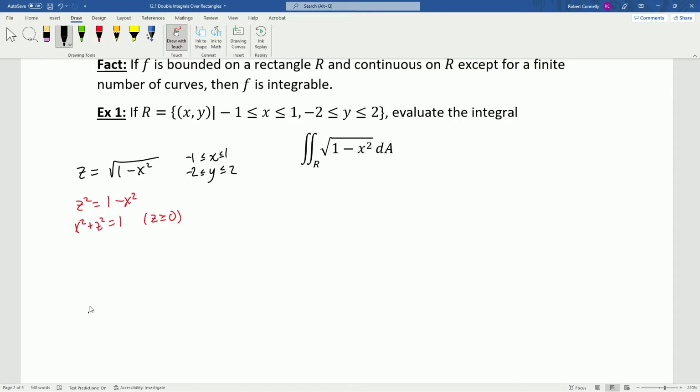That's a circle in the xz plane. But since z is greater than or equal to 0, it's not really a circle, it's a semicircle. So it's the top half of the circle on the xz plane.